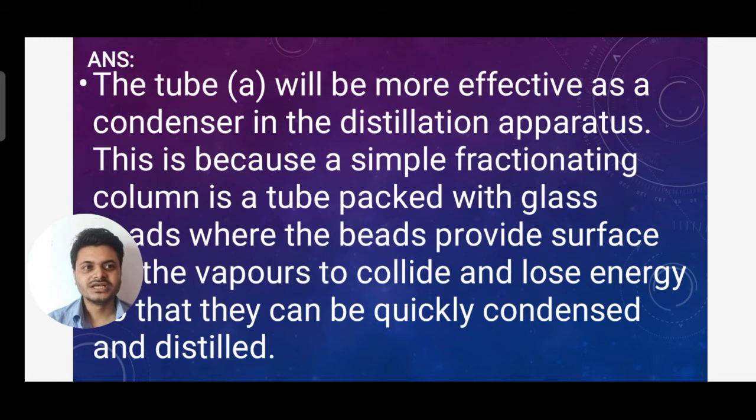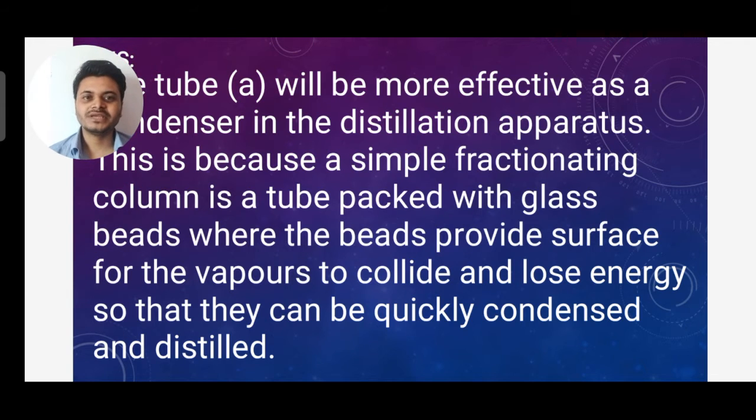This is because a simple fractionating column is a tube packed with glass beads, where the beads provide surface for the vapor to collide and lose energy so that they can be quickly condensed and distilled.